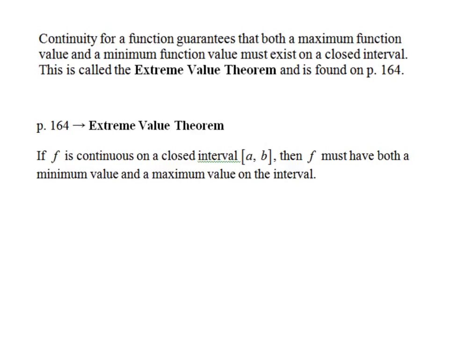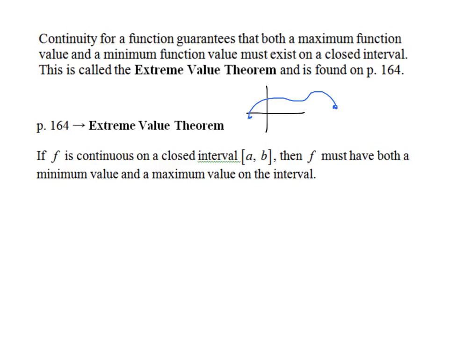If you sketch any kind of function, as long as you keep it continuous, there's got to be some maximum or minimum value on whatever closed interval you have, okay? There's no way around it.